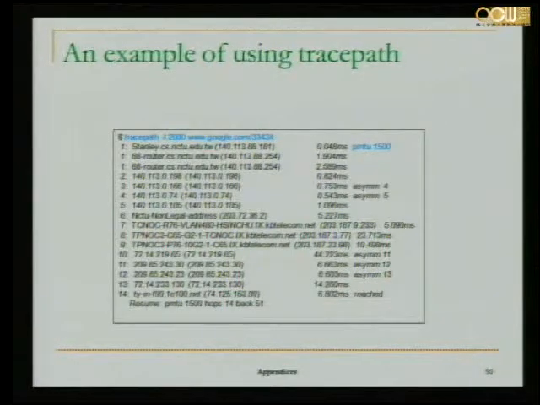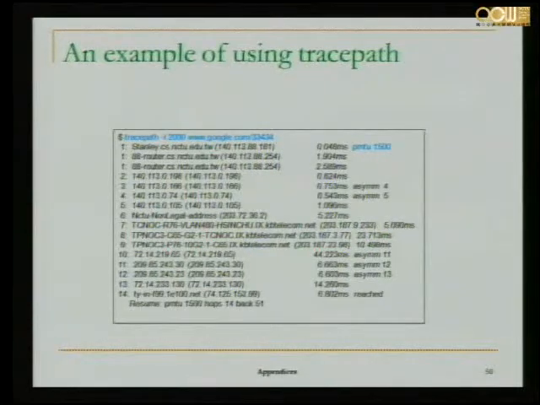And with this, you can find interesting stuff, like if you want to see from here to some particular machine, what is the path? Within this path, what are the routers? So you see the routers, totally 14 routers in the middle, and you will see the delay in each hop, in millisecond scale.